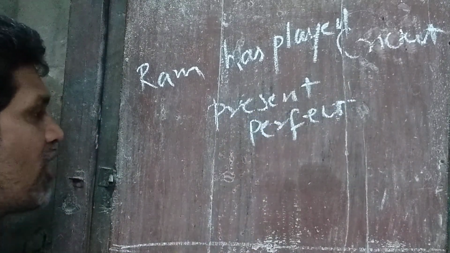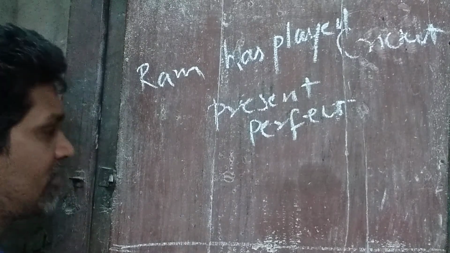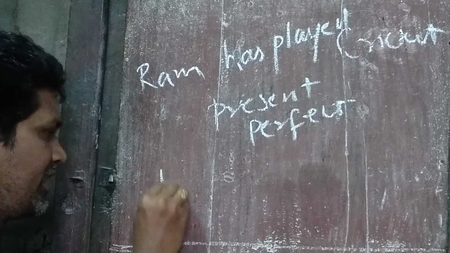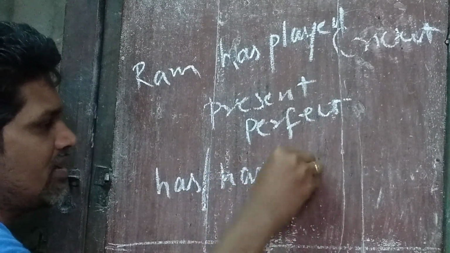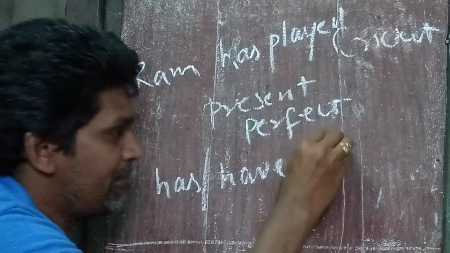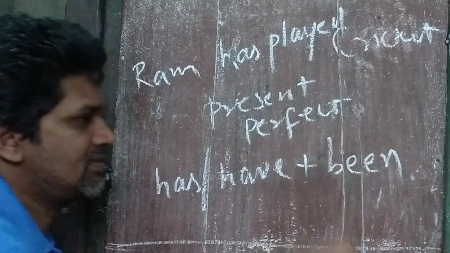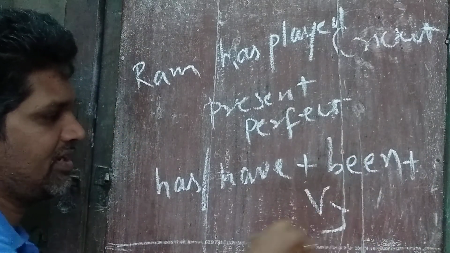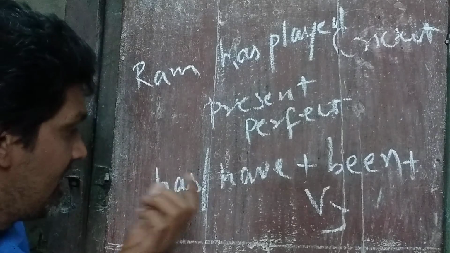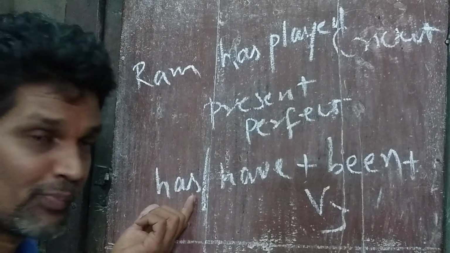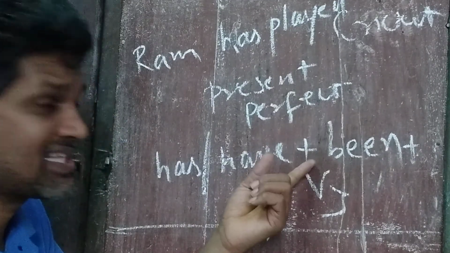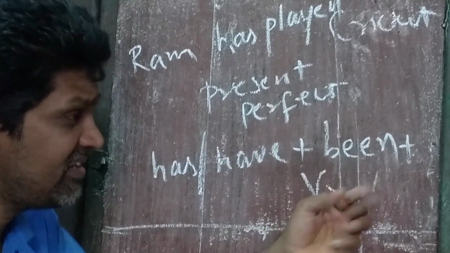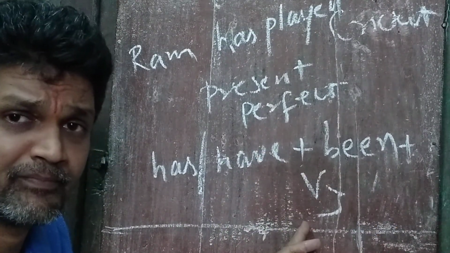Okay. So what is the formula for present perfect form? So here has or have plus been plus V3. Here there is a change in the formula. Has or have plus been plus V3 form.